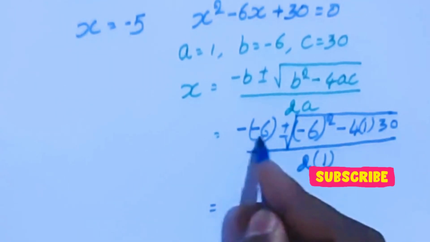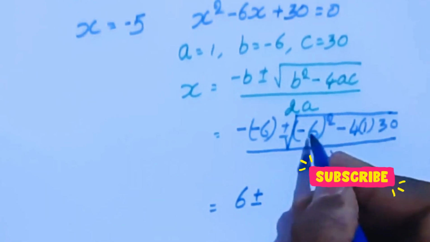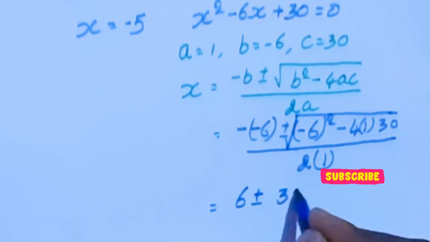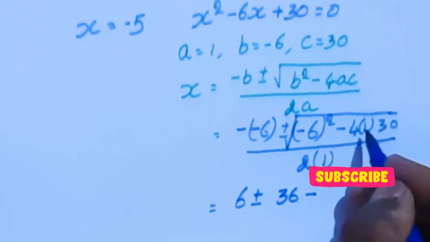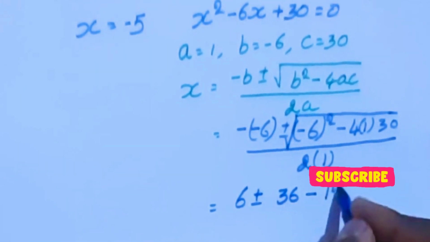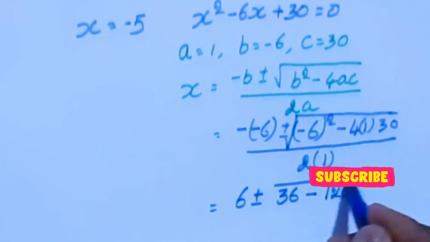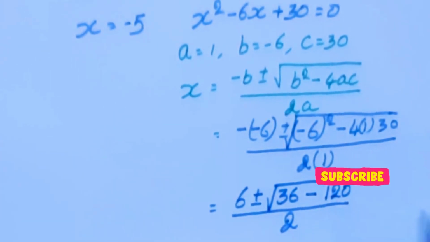Now minus into minus is plus, 6 ± the square root of 36 minus 4 times 1, which is 4, again 4 times 30 is 120, by 2.